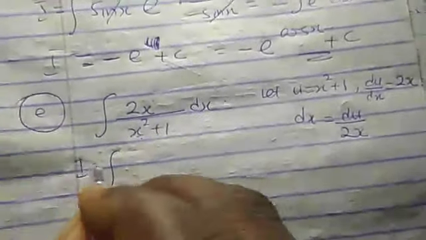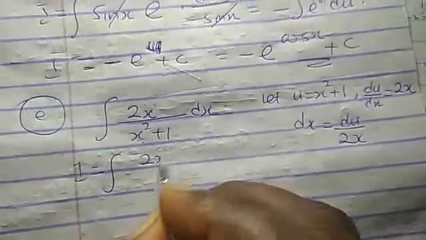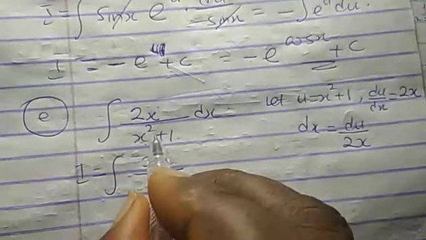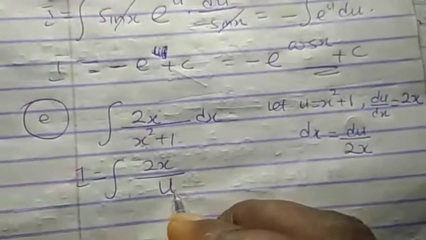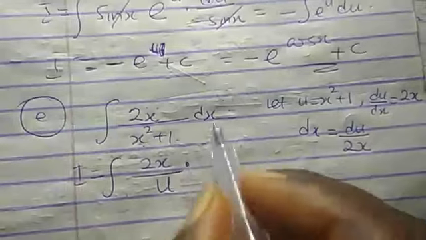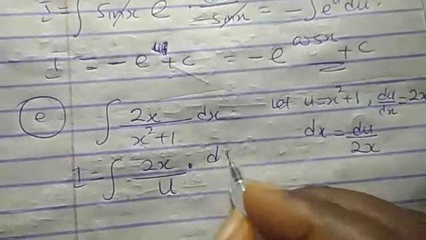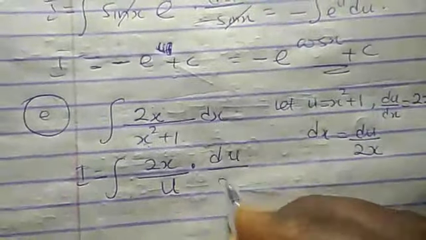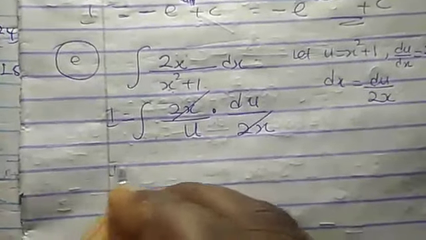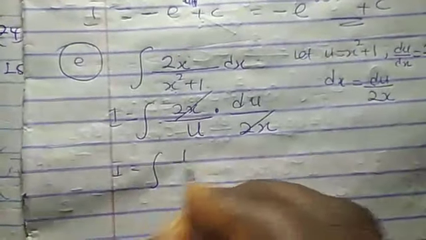Our answer will now be 2x over x squared plus 1. Our x squared plus 1 is u, times dx. Our dx is du over 2x. From this, you see that 2x cancels 2x. So what are we going to have left? We are going to have 1 over u du.